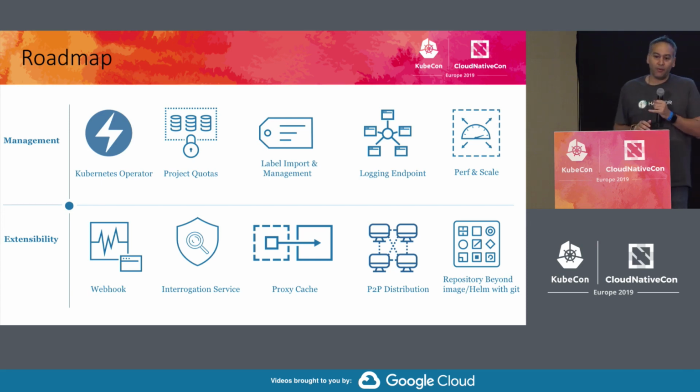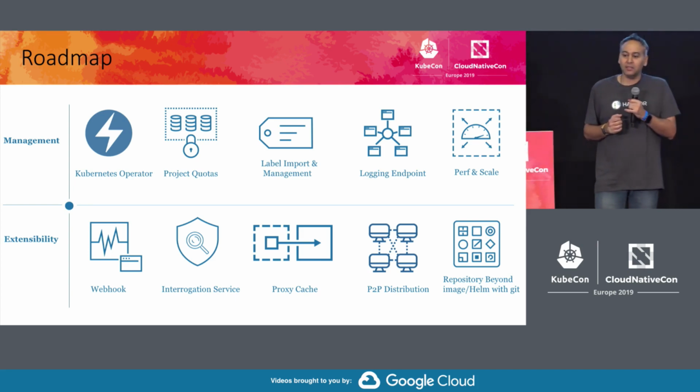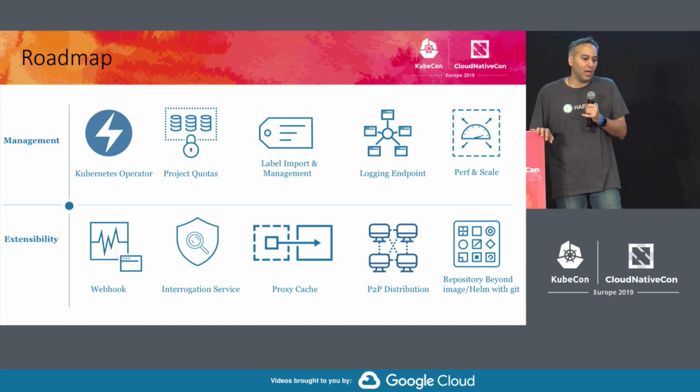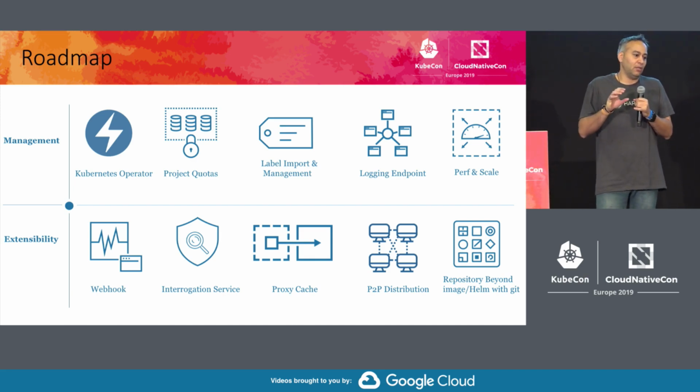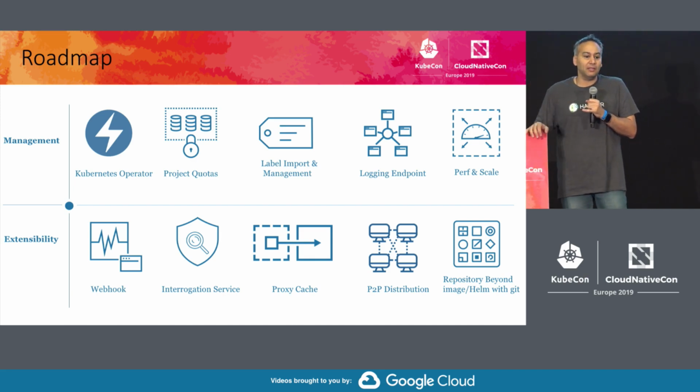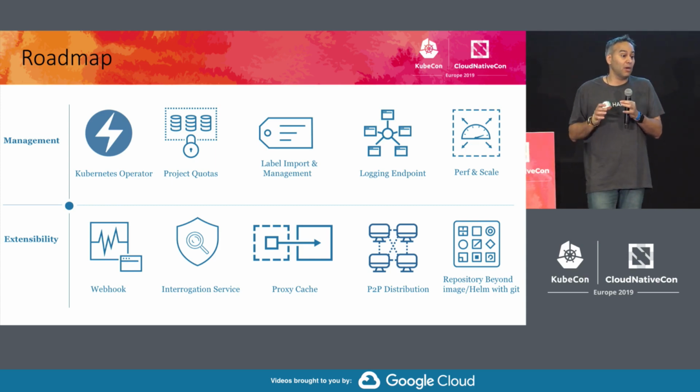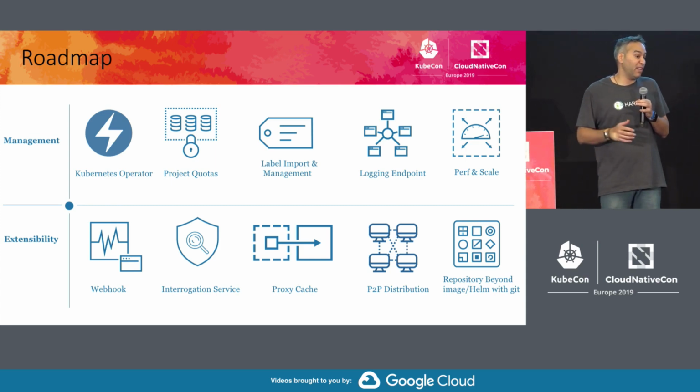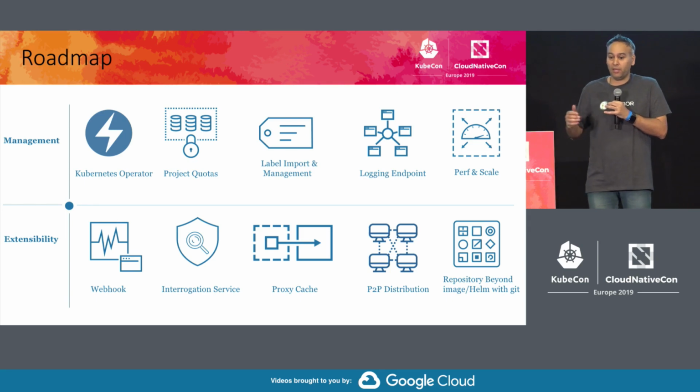From a lot of the feedback that we've been hearing at this KubeCon, at previous events, as well as from issues on GitHub, we've formulated two swim lanes in terms of the areas that we're going to make investments in Harbor for the next 6 months, 9 months, or a year.